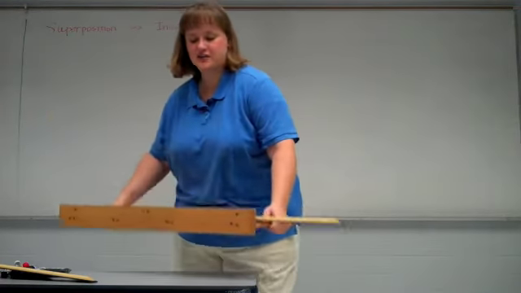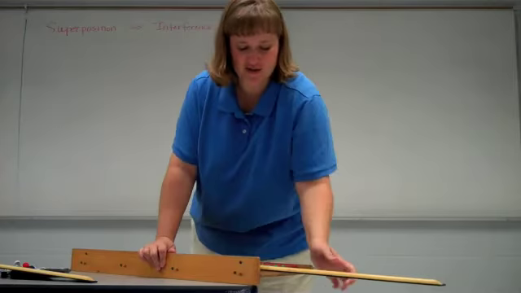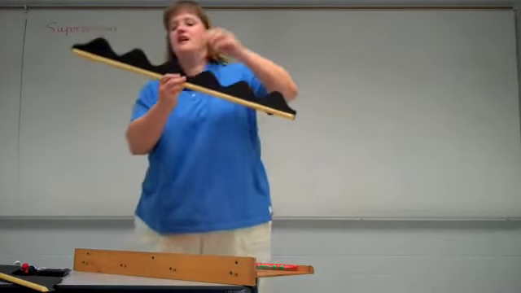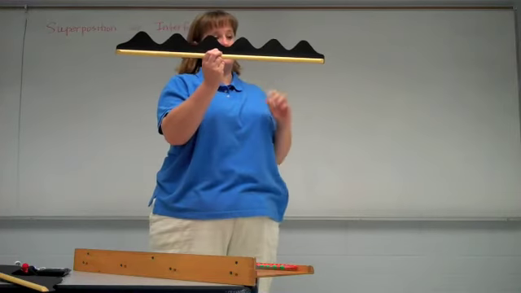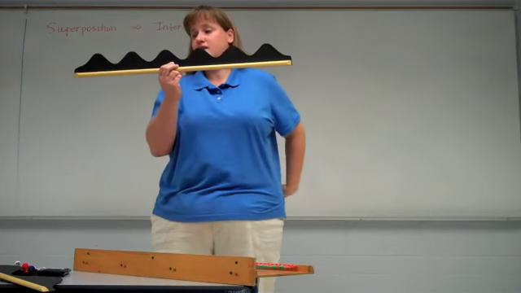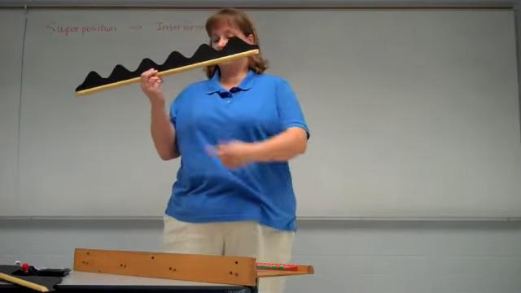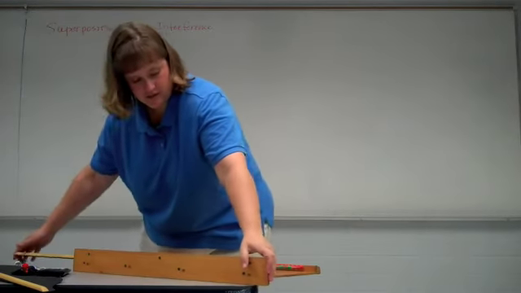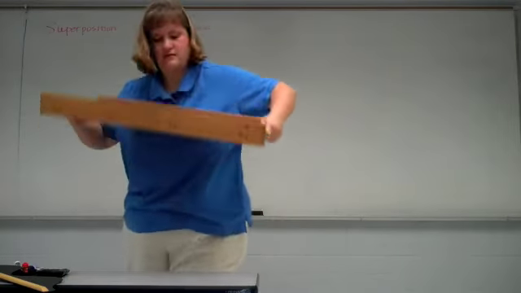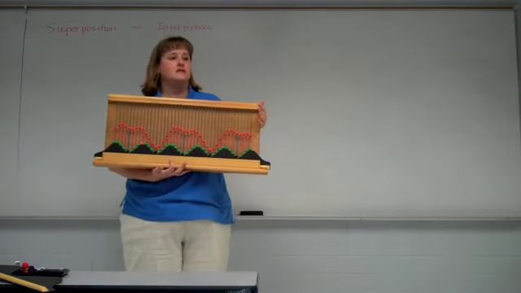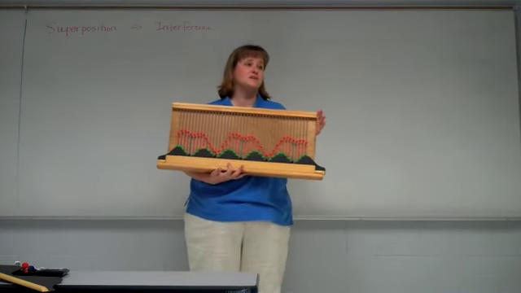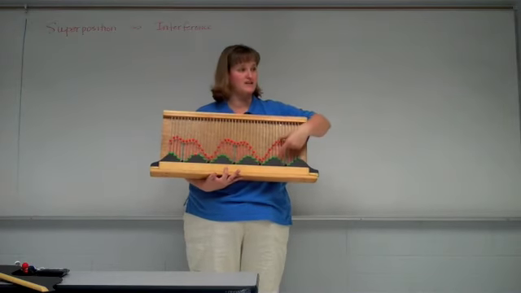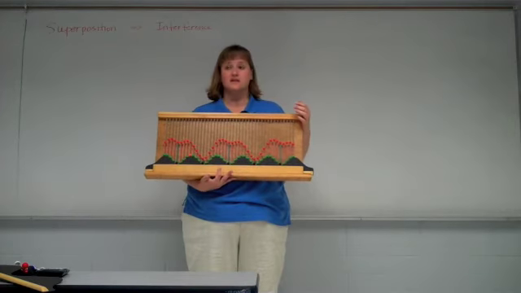Now, you can have superposition whether or not the waves are identical. For example, I have another wave. Its amplitude is obviously smaller, and its wavelength is smaller. It's not identical to the wave we already had there. Yet, if we put them both in the same medium, we get superposition in that whatever the one wave does adds to what the second wave does.